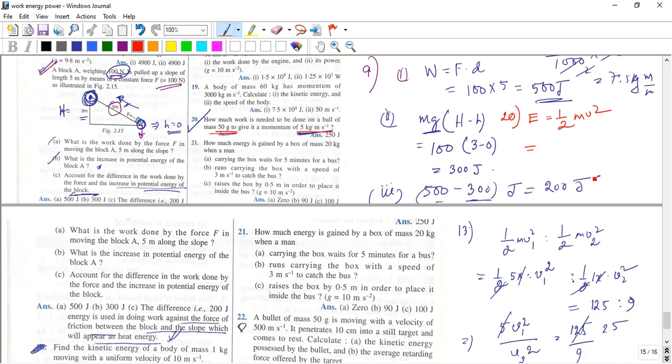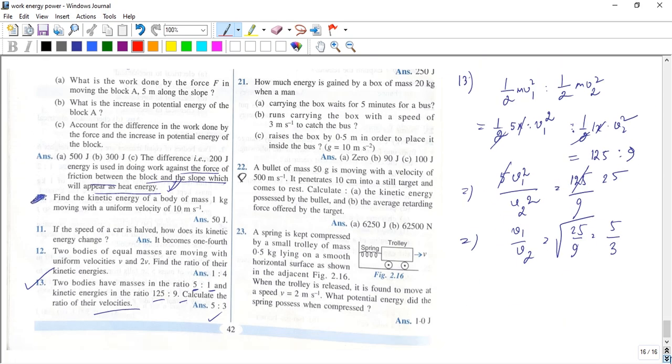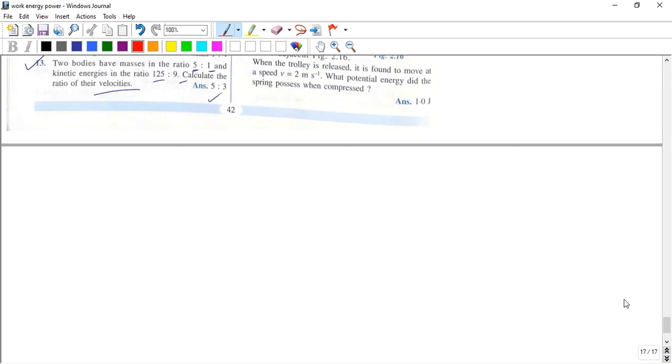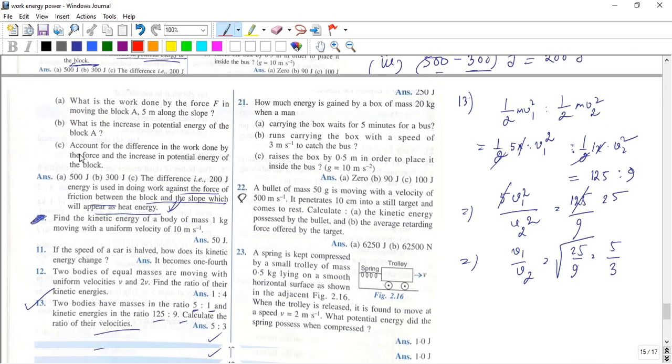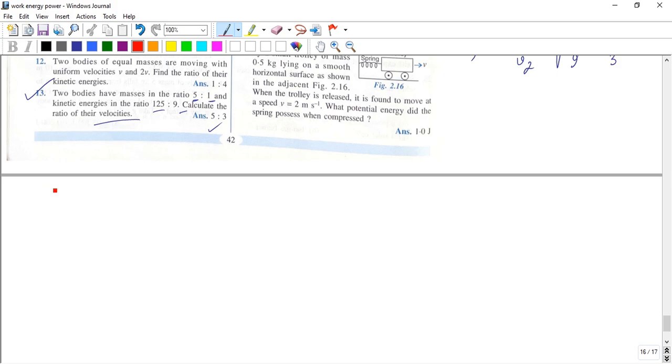Lack of space, so we will calculate here. Okay, so number 20: mass equal to 50 gram and momentum equal to 5 kg meter per second. So what is the energy?